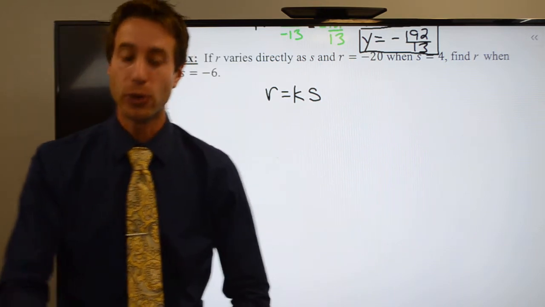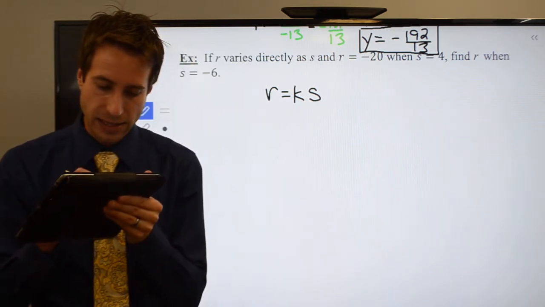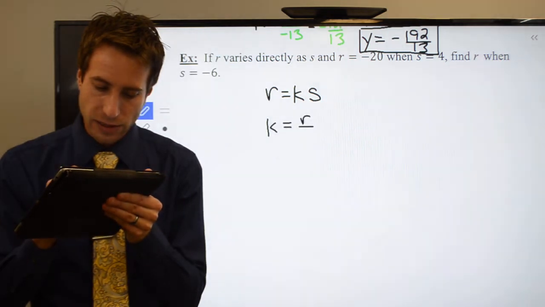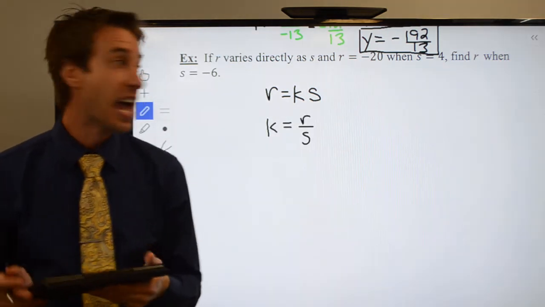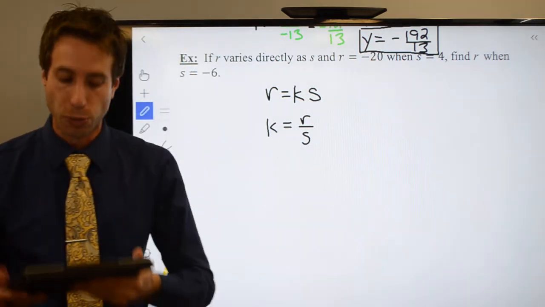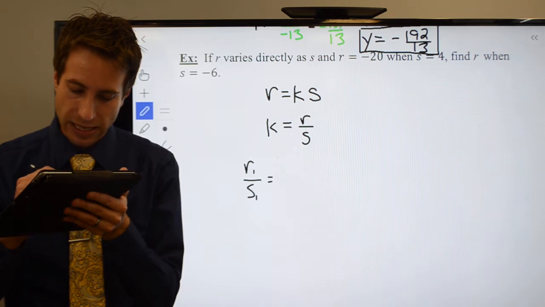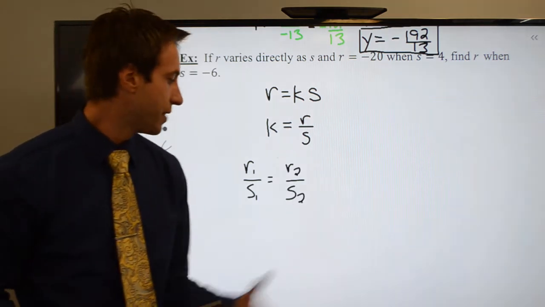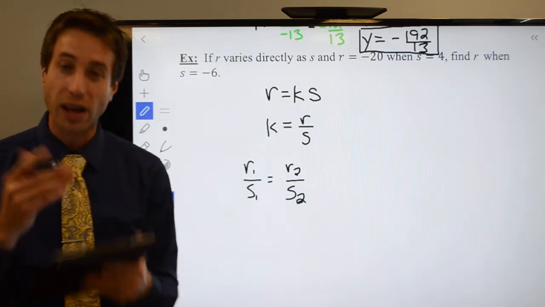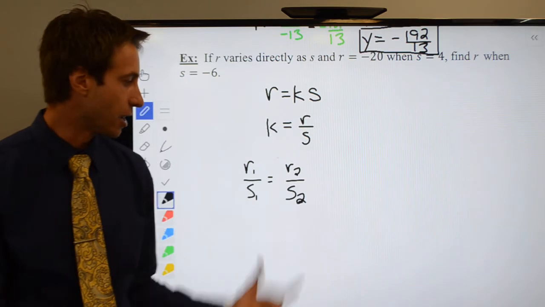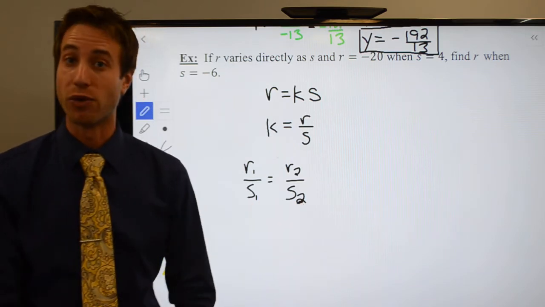So what I can do is go ahead and say, well, that means that K is equal to R divided by S. And since I'm given 2 points, that means that I can do R1 over S1 is equal to R2 over S2. And this will be the formula that I'll use, our second method from the previous video, for going ahead and solving for the unknown.